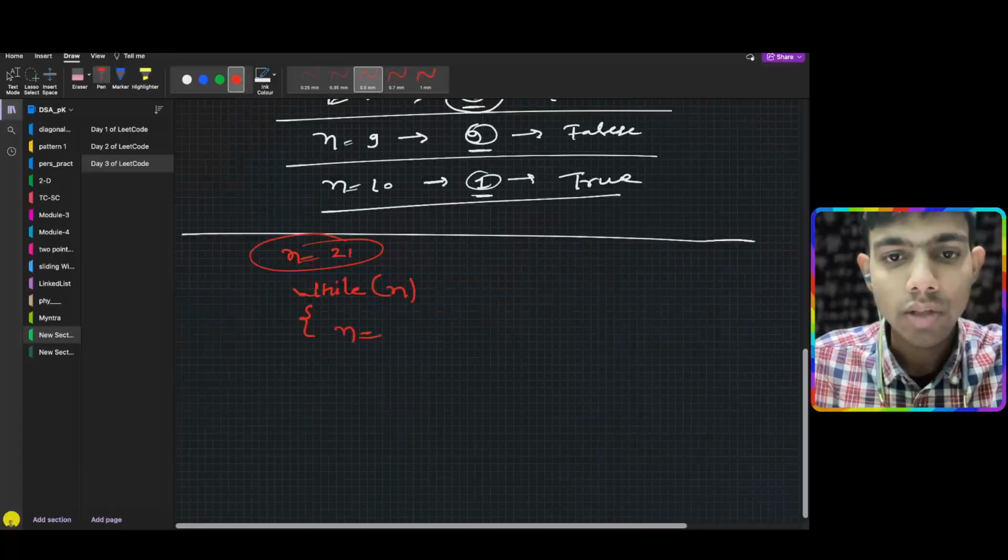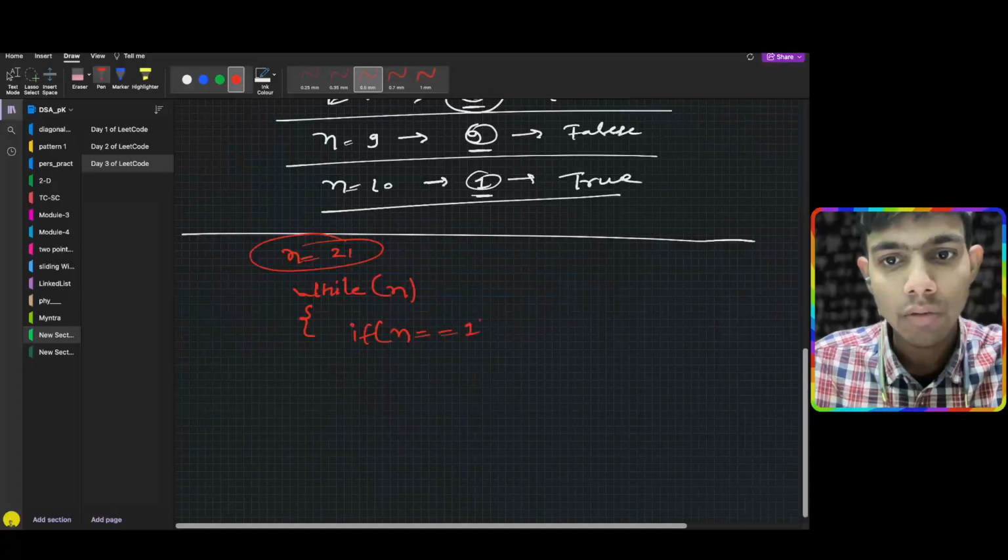Now n is equal to, firstly check if n is equal to 1.